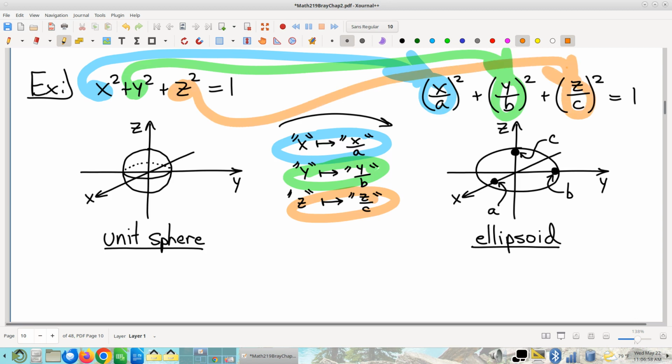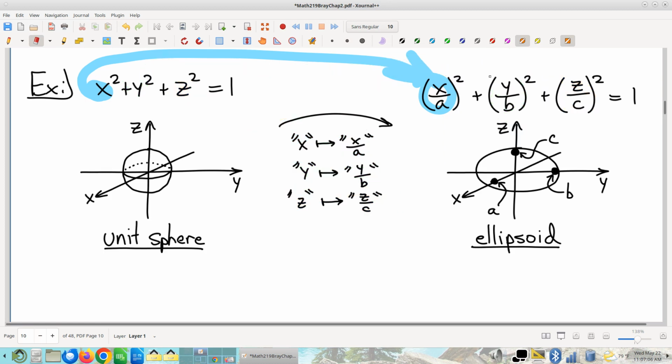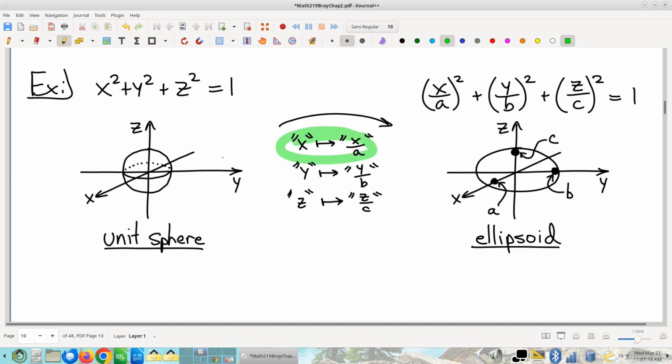So I just did some algebraic tweaks to my equation. And what can I say about my resulting surface? Well, in some sense, the exact opposite of the algebraic tweaks is going to happen to the set of solutions. Because I replaced all the x's with x over a, that's going to stretch outward in the x direction by a factor of a.